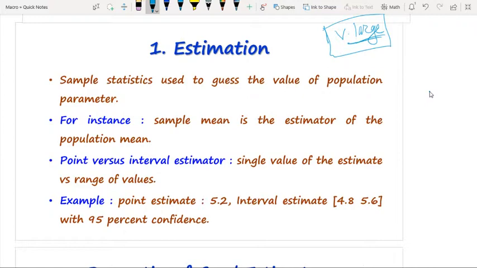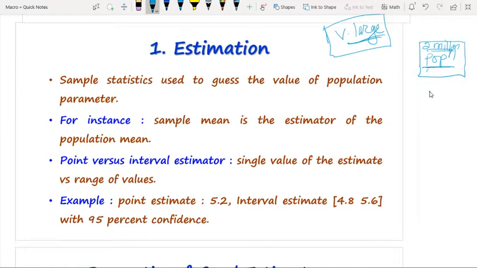So we always talk about sampling, and one of the main purposes of sampling is to know something about the population characteristics. Suppose this is the population, and this population has 2 million units.